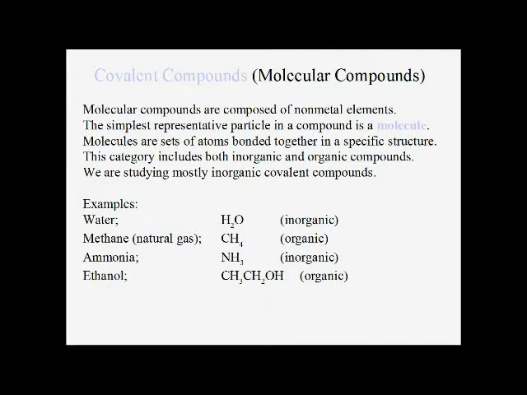Compounds can also be categorized as being organic or inorganic. Organic compounds are compounds containing carbon. Inorganic compounds do not contain carbon. And ionic compounds that contain a form of carbon will also be called inorganic.